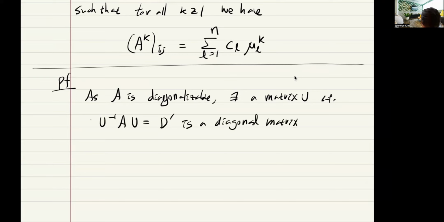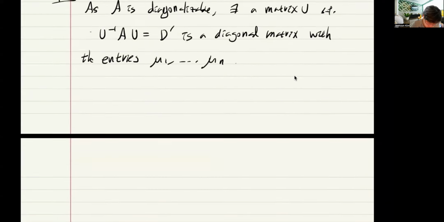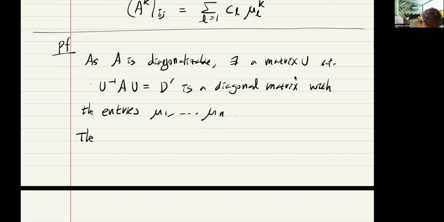Moreover, this is a diagonal matrix with entries being its eigenvalues. And A^k is, from here, you just take the k-th power, and then you multiply U on the left side and U inverse on the right side.